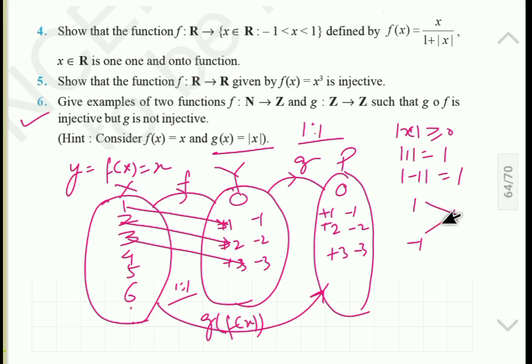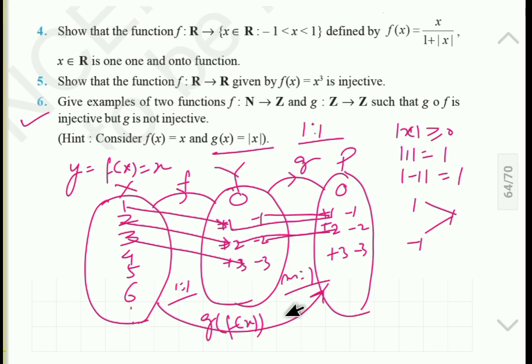So it is many-one, it is not one-one. That means minus 1 will be mapped to 1, and 1 will also be mapped to 1. Similarly, minus 2 will be mapped to plus 2, and plus 2 will also be mapped to plus 2. So this function is many-one, not injective. Function f is injective, g is not injective.